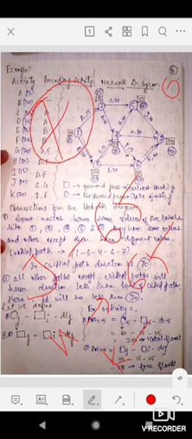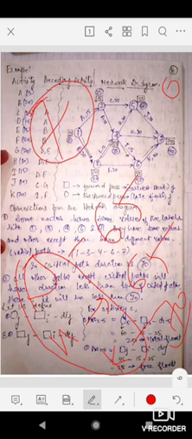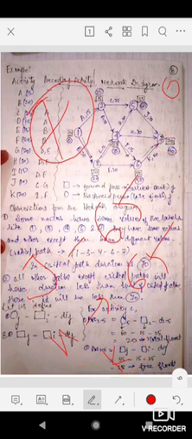And for K, 50 plus 20, 70. So all three, J, H and K, will be completed after 70 days. That's why node 7 will be free only after doing all those 3 activities, after 70 days. That's why we have written the maximum value, 70, because after 70 days we will have completed all those 3 activities.